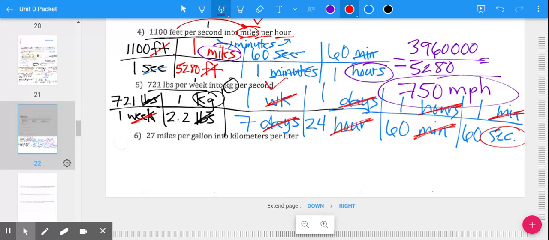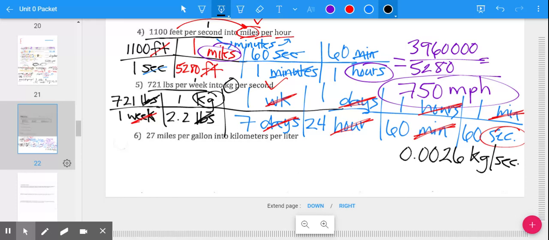So when you multiply straight across the top and divide by the product of all the numbers in the bottom, you end up with 0.0026 kilograms per second. So follow your trail, see what you know.